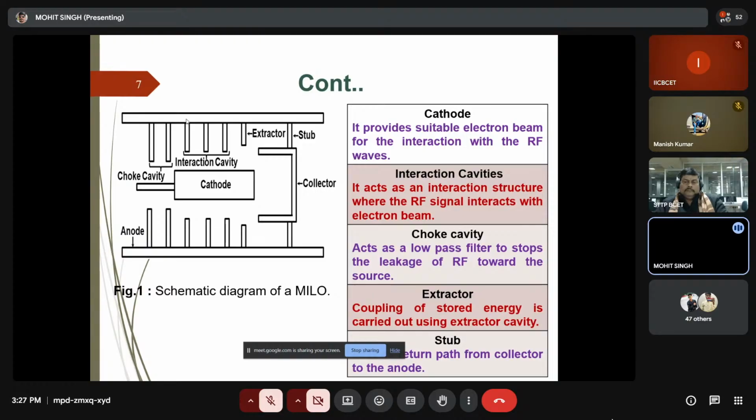Now, just a few things about the basics. If we know the direction of the electric field and the direction of the magnetic field, we can calculate the direction of propagation, meaning in which direction this will propagate.